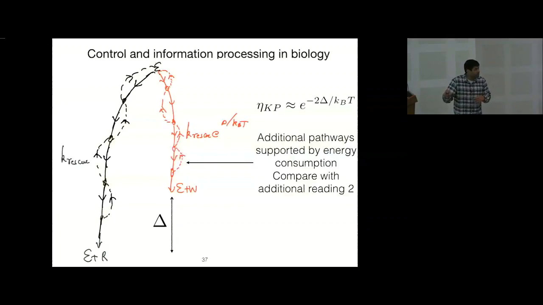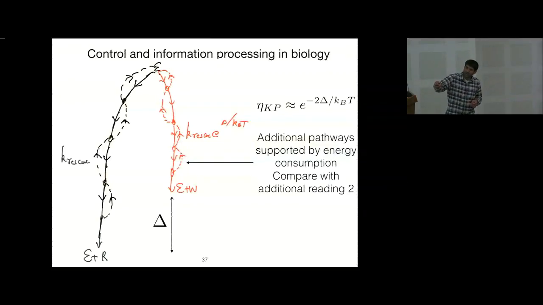If I give you all the rates, this is a useful exercise, and it is done in the additional reading paper 2 by Mehta and Schwab. They take networks of this sort for a different purpose, work out entropy production for those networks, and show that it is intricately related to an information processing purpose of the network.